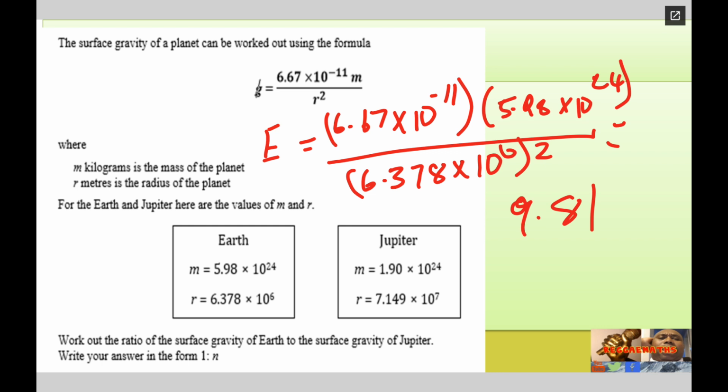Then the next part is Jupiter, which is similar, and we do exactly the same.